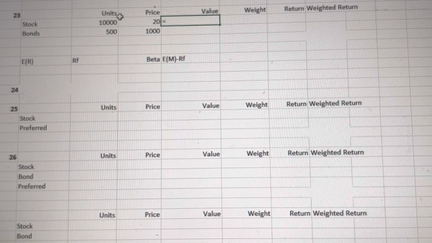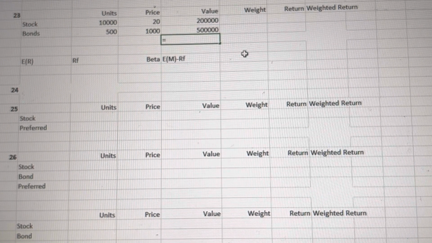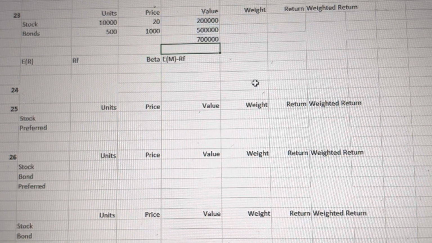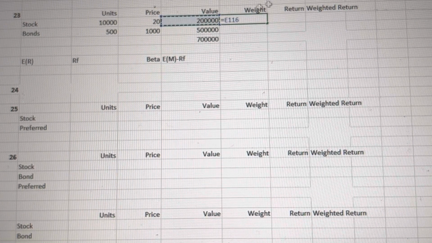The value is the units times the price, and we need to find the total value, which equals $700,000. The weight is the value divided by the total value.